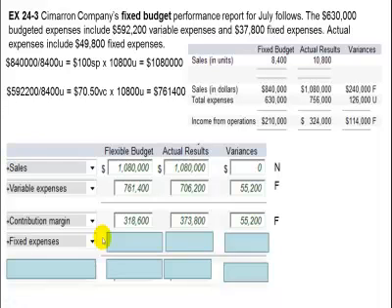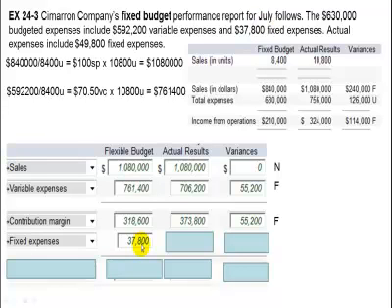Fixed expenses under the flexible budget should be 37.8, and fixed expenses are fixed no matter what level we're talking about. So 37.8, even under 8,400 units of sales, is going to be 37.8 no matter what level we achieve.